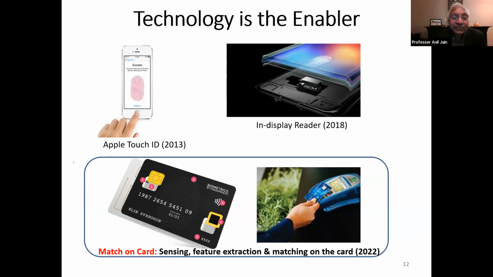And now, just recently, smart credit cards have been introduced where the fingerprint reader is also embedded in the card. This technology is referred to as match on card. The sensor, fingerprint reader, feature extractor, and matcher all reside on the card. So your fingerprint never leaves and is always in your possession.